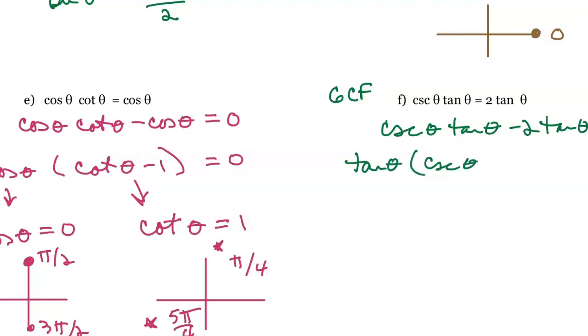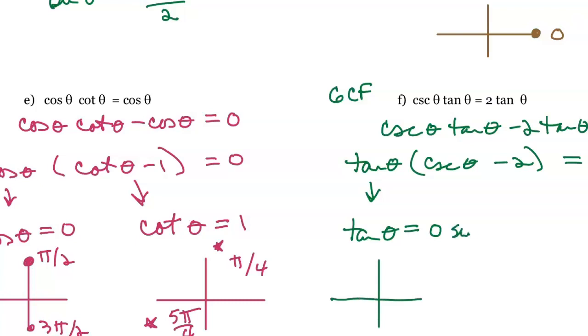That's going to give me cosecant theta minus 2. Set your tan theta equal to 0. That's going to give you quadrantal angles because you know that tan is sine over cosine, and this is 0 over 1. So the values are going to be 0 and pi.